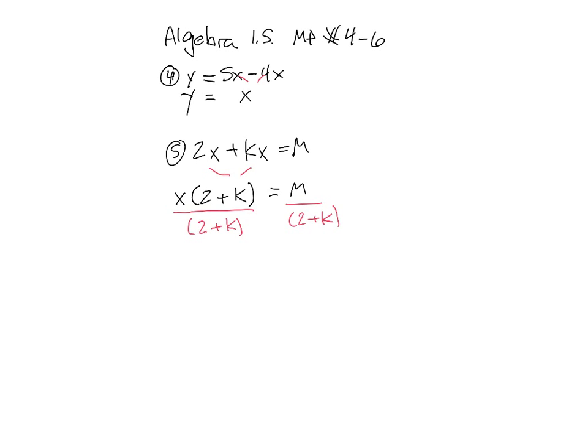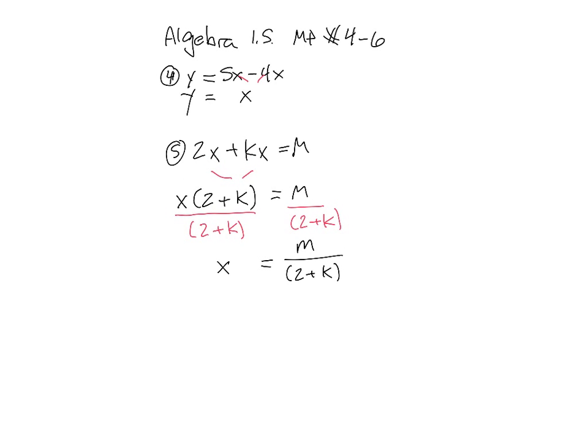So now, x times 2 plus k divided by 2 plus k is just plain ordinary x, and on the other side we have m over 2 plus k. And the parentheses here aren't absolutely necessary, but I think it just makes it look a little tidier.